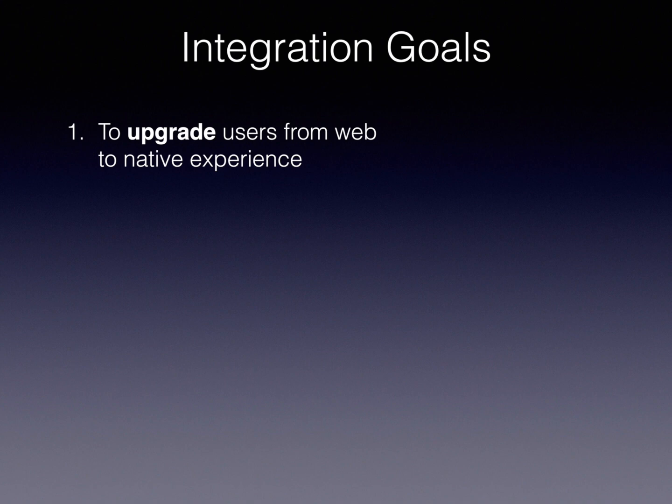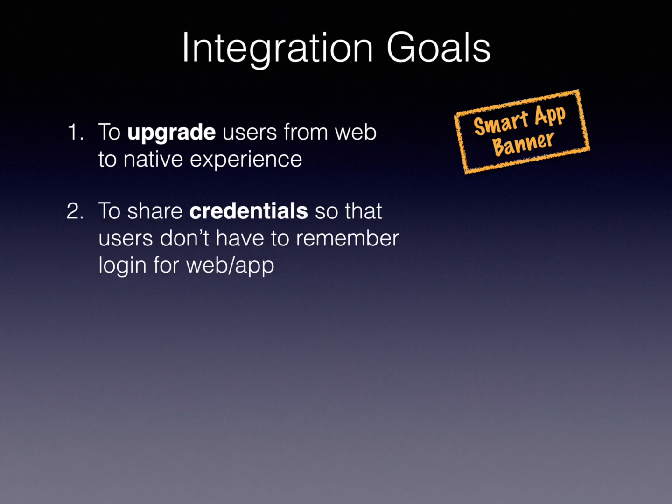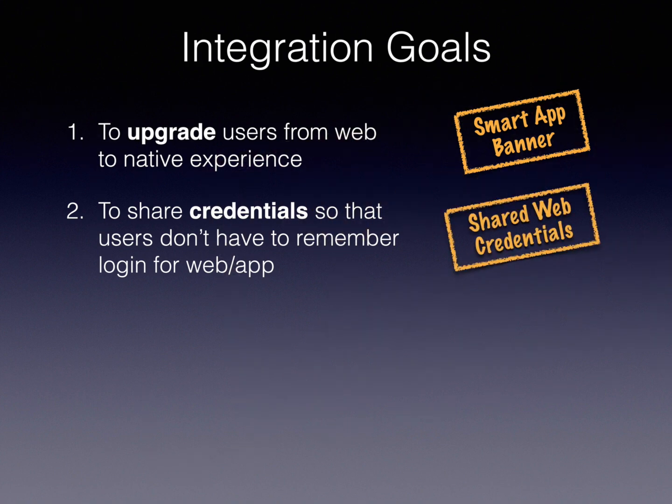Because you can do many things nowadays on websites, responsive and all that, but we prefer if users use the app, because it's my app, I wrote it in a couple of months, and I think it's just better than a website. So how do we do that? First integration technology, Smart App Banner.